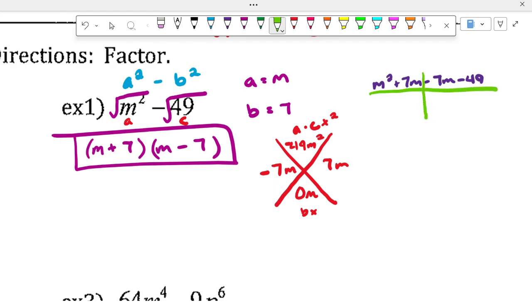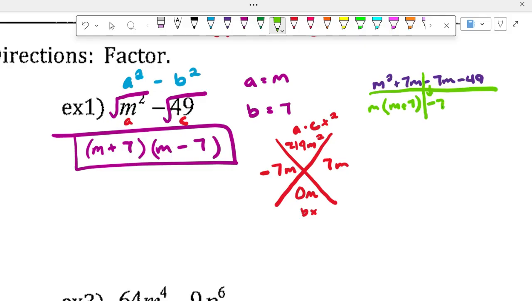All right. What's the GCF of the first group? M. So I'm left with m plus 7. What do I do next? Bring down the negative sign. So that means my GCF is going to be negative. Well, what is that GCF?